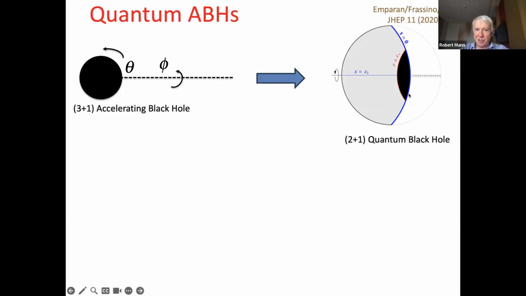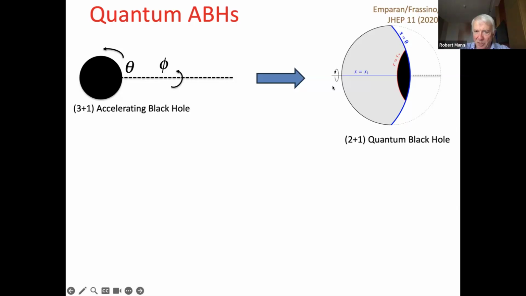In other words, you insert a brane into the theory that cuts off this part of the space that is the cosmic string, but leaves the rest of this alone. So this gray area is the AdS bulk. This black part is a black hole with a horizon right here. And the blue thing is a brane that is placed at x equals 0.